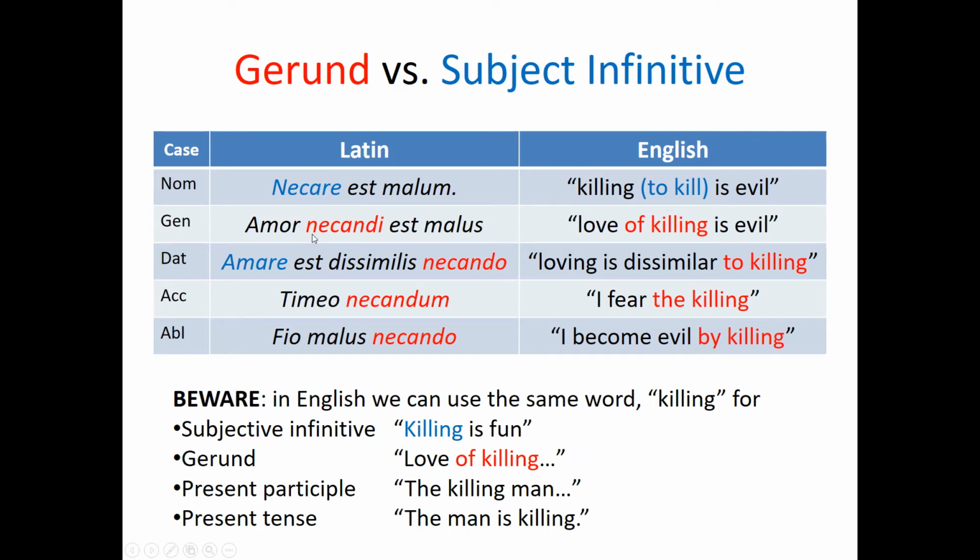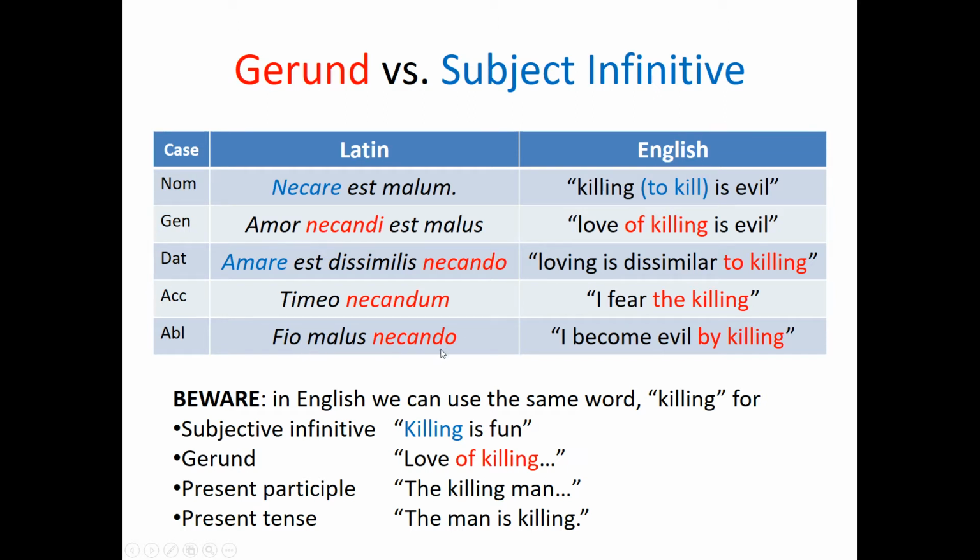But here we have the gerund, necandi, necando, necandum, necando, right? Love of killing. Loving is dissimilar to killing because this adjective dissimilis requires a dative, so dissimilar to killing. I fear the killing, or killing is the object of the verb timeo, and so we have the accusative of the gerund.